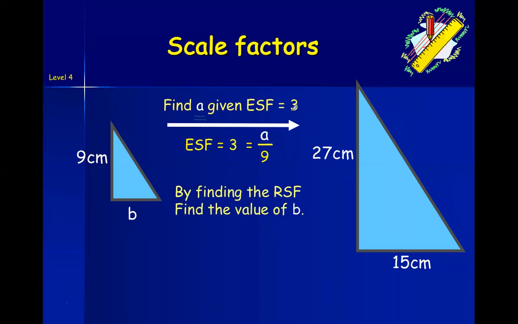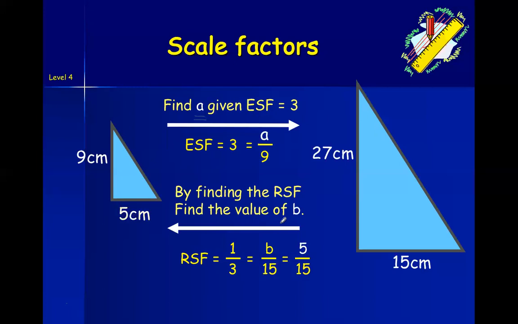Now by finding the RSF, find the value of B. So we know that RSF is just 1/ESF. So it's the opposite of timesing by 3, which is divide by 3. So 1/3. 15 divided by 3 would be 5.